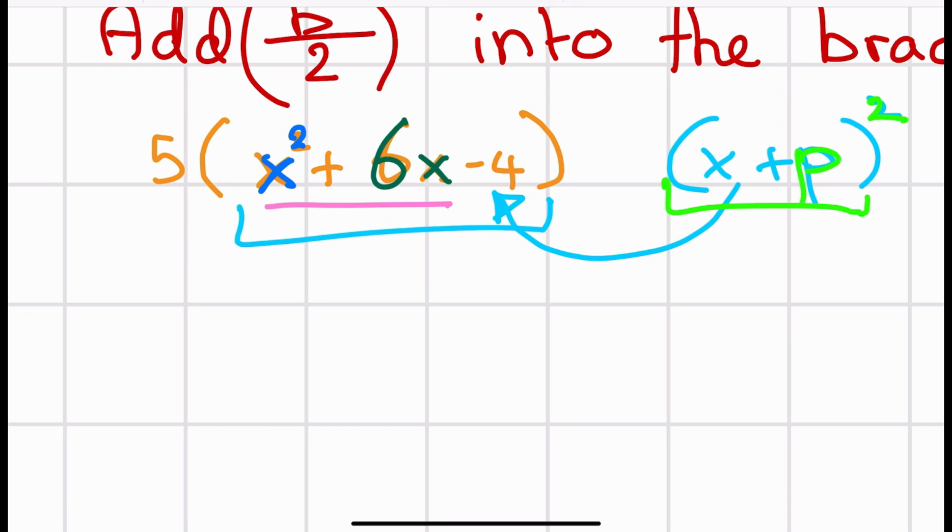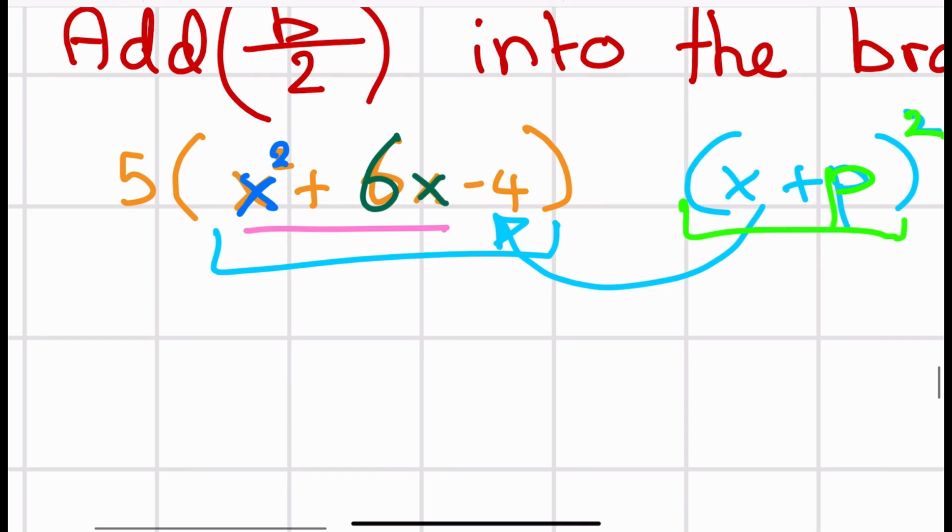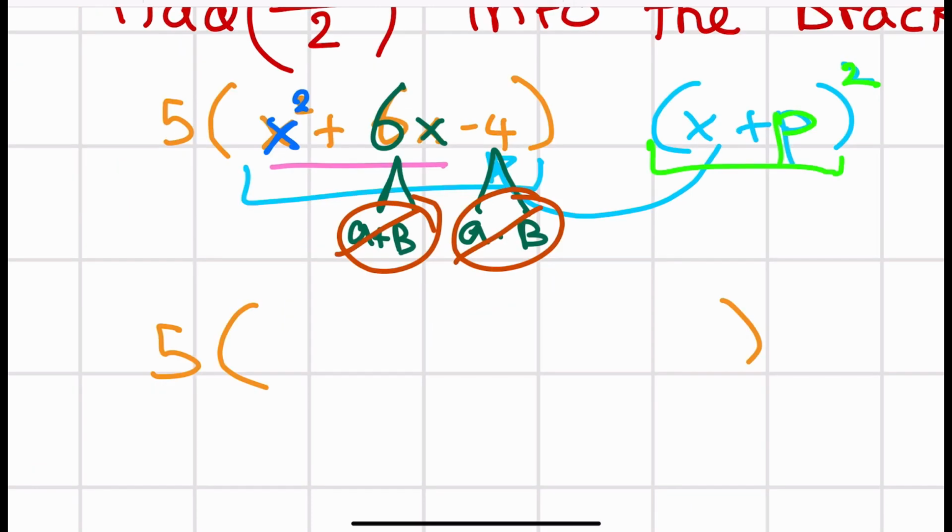But how am I going to convert it into that form where we have some integer here? How do I know what integer this is? Especially when I don't even have two factors of c that will multiply to give me c and that will add up to give me b. What I'm going to do is I'm going to isolate minus 4.